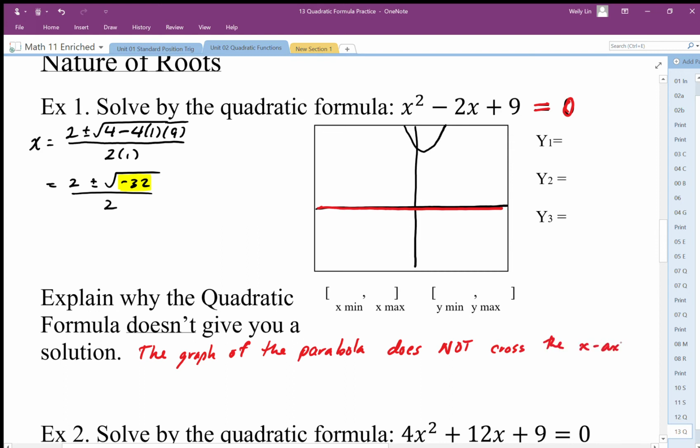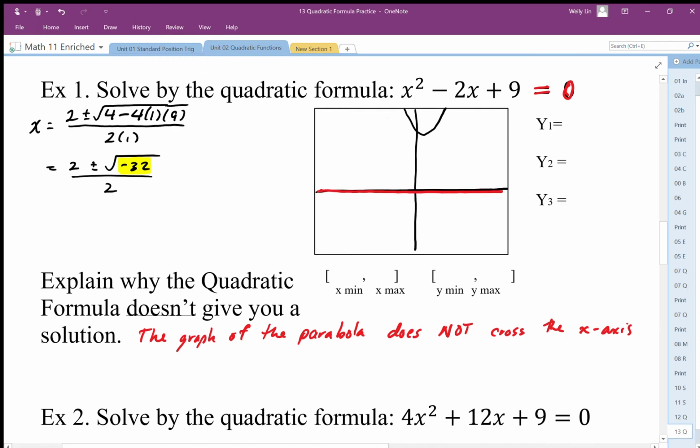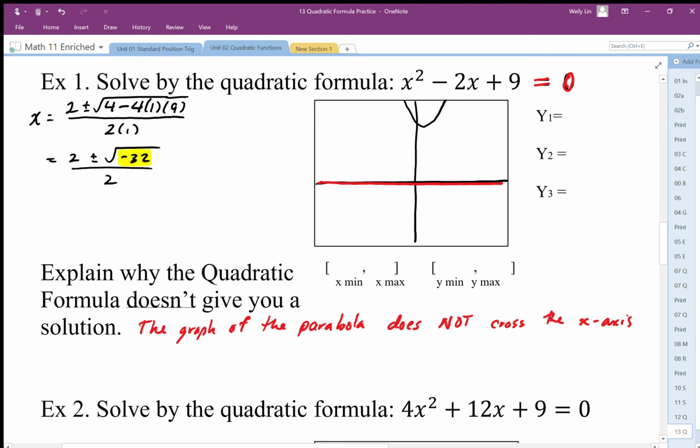And that's the connection between equations and graphs: where the graph crosses the x-axis is where the solution to the equation equals 0. And this does not cross the x-axis. It is never equal to 0. So there are no x's that make this graph cross the x-axis.